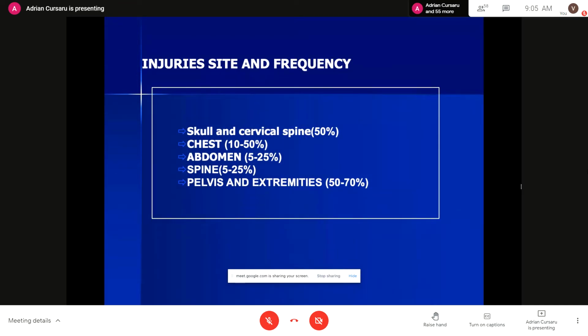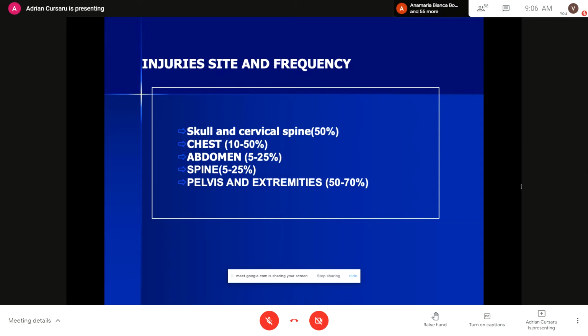The injury sites and frequency that could appear in these patients: cervical spine trauma in half of cases. Most important is the chest trauma, which could occur in half of these cases, then abdomen trauma, spine, and we discuss lumbar fractures, and pelvis and extremities are very frequent.